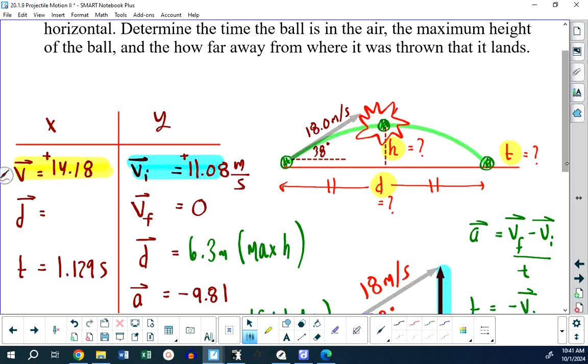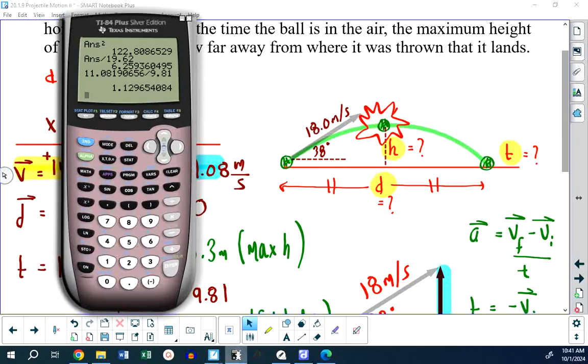So this means that the object is traveling to the right at 14.18 meters per second for 1.129 seconds to get to the halfway mark. So if you take that 14.18 meters per second and multiply by that time, you will be getting half of the horizontal distance that the ball travels, which is not what we're after.